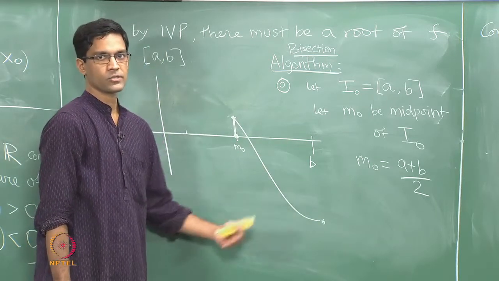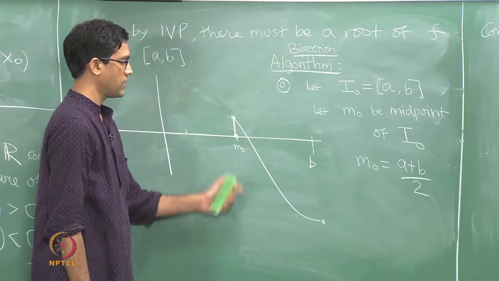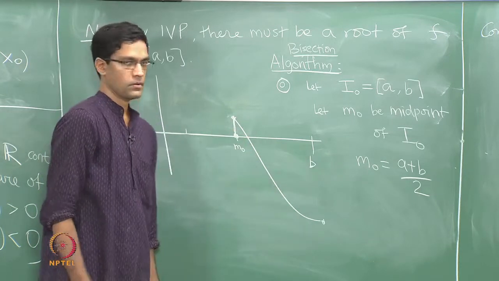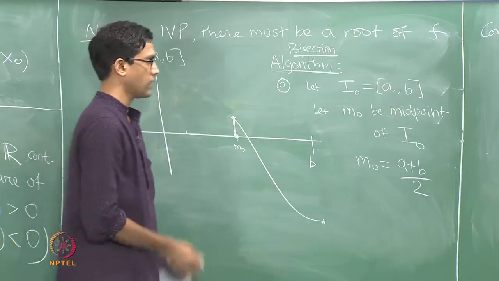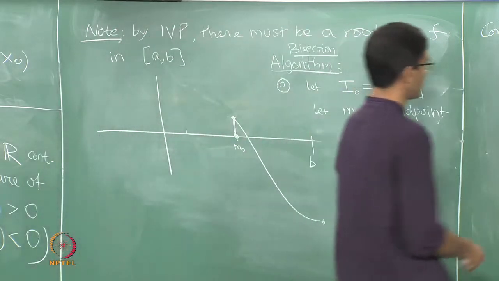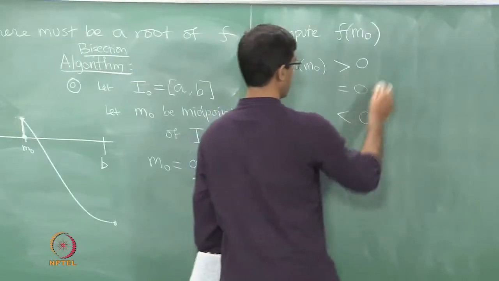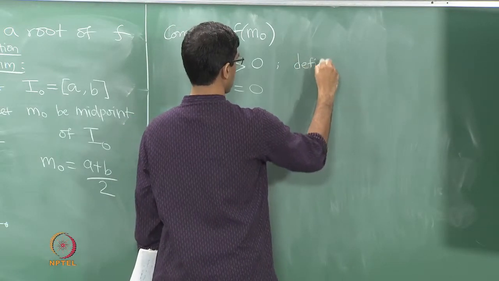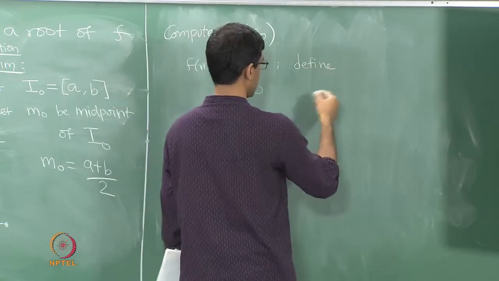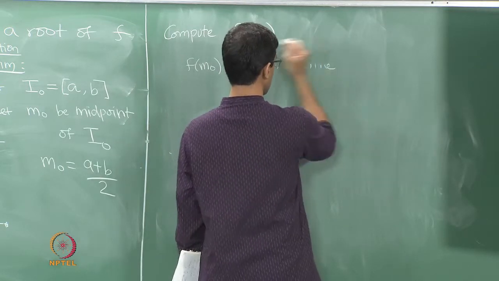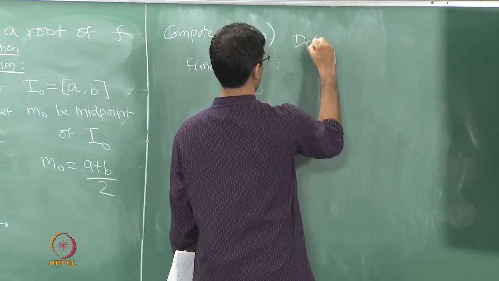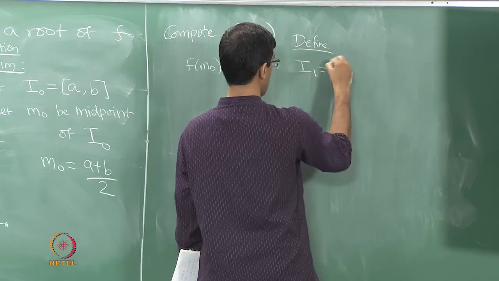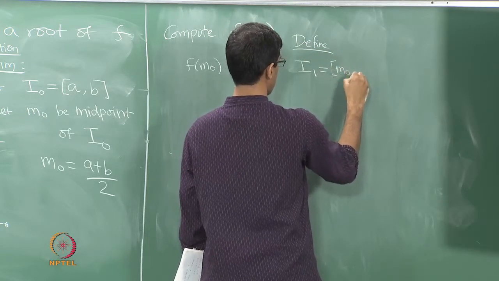So it is sort of like the original function. By intermediate value property, there must be a root of the function between m0 and b. So we could conclude the same thing again. So here is the thing to do. If f of m0 is positive, you get rid of half of the interval and define the new interval, called I1 now, to be the interval between m0 and b.